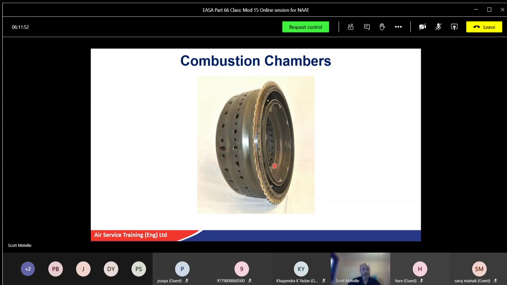Do you remember what type of burners were fitted to a combustion can? Anybody remember? For an annular type one, what type of burner would you fit to an annular type combustion can? Would it be an atomizer or a vaporizer?